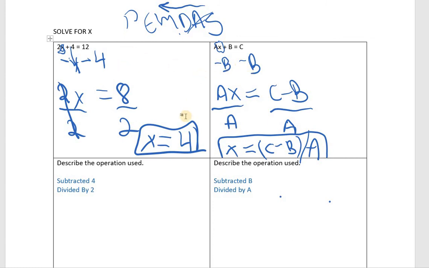The only difference is that the one on the left is one equation, one variable, all numbers, and we get a number on the right. For the one on the right, we get an expression on the right.